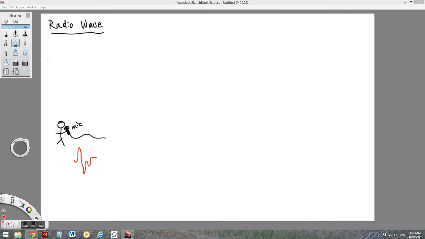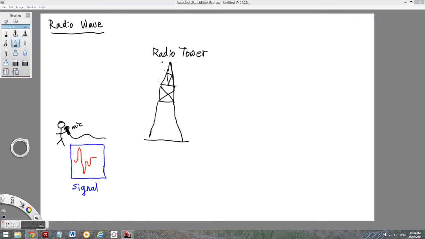When I'm holding the microphone, it converts my sound into an irregular electrical signal. Looks like this. With a radio tower next to it, I cannot send this irregular signal. I just cannot broadcast it.